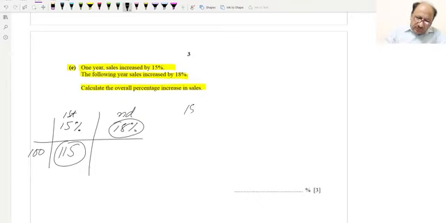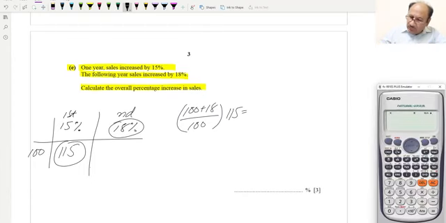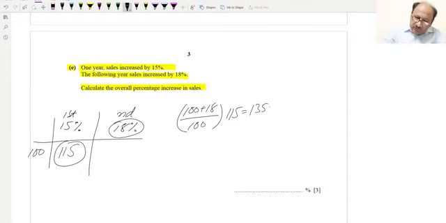We can write 100 plus 18, the increment over 100, of 115, and this is equal to the fraction 118 over 100 times 115. If it is a decrease, then we are subtracting. Hopefully you know this. This is equal to 135.7. So 135.7 we will get after the second year.